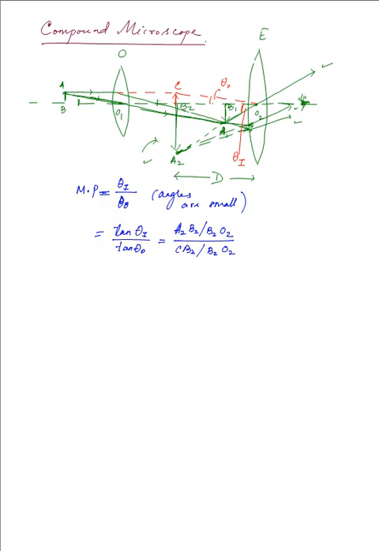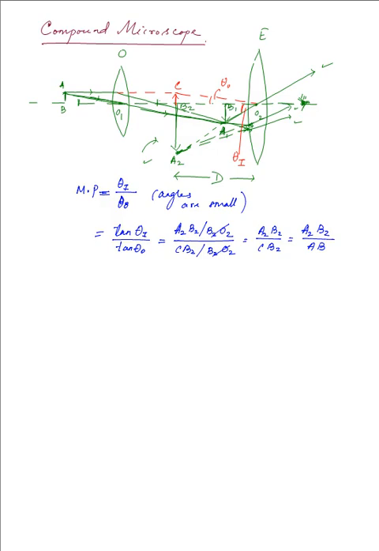Well, as you can see, the B2O2 can get cancelled out, and what we are left with is A2B2 over CB2. Again, we know that CB2 is equal to AB, so we have A2B2 over AB. This is exactly the way we tried deriving the magnifying power for the simple microscope. Obviously, the conditions are a bit different.